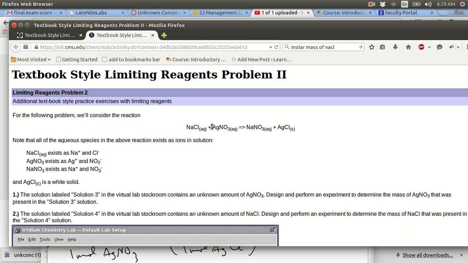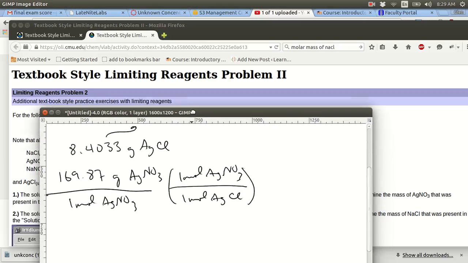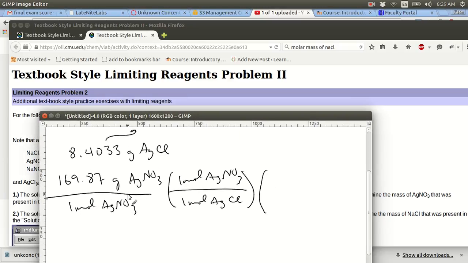There's no number there, so it means 1, right? Good. Cancel, cancel, cancel, cancel. And now I know that 1 mole of AgCl makes how many grams?